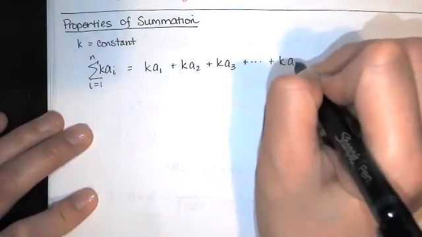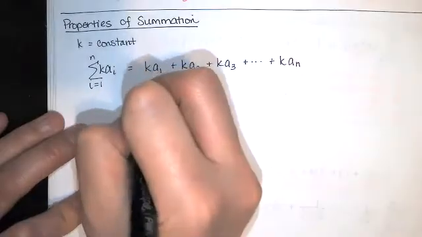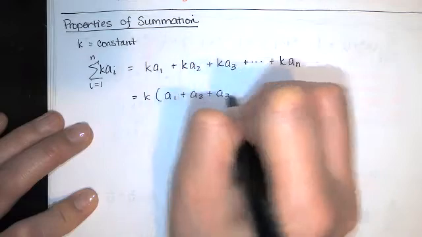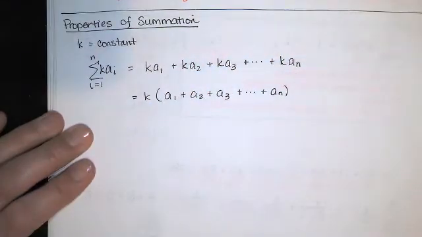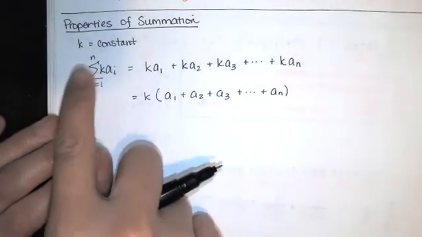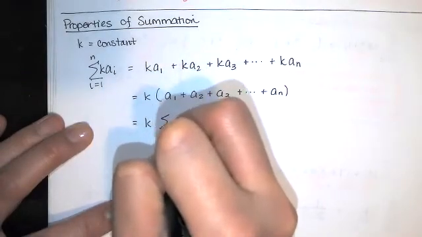So I have k times a sub n. Well, isn't that the same thing as k times a sub 1 plus a sub 2 plus a sub 3 all the way through a sub n? Can't I just factor the k out from everything? Well, that's what this first property says. If you've got a constant inside the summation, you can factor it out.